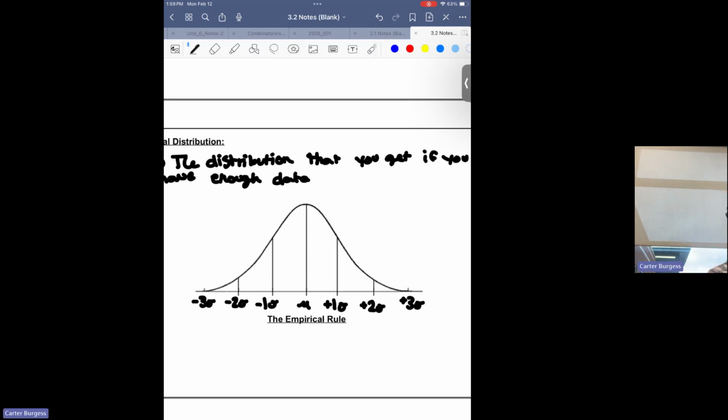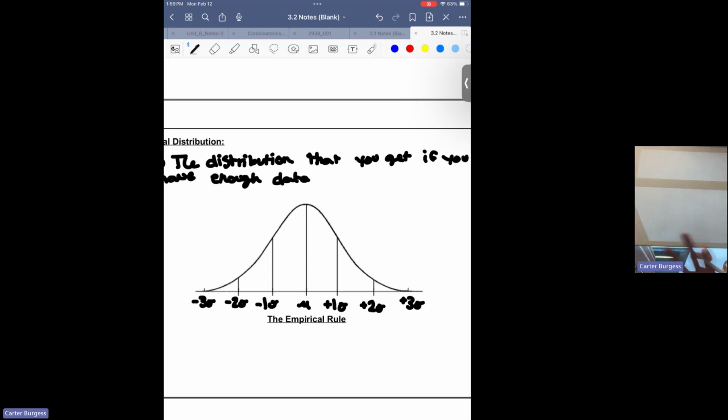Now we had a rule at the end of Friday, not really a rule, it was a theorem, that was used to give us an estimate of how much of our data we would see within a certain number of standard deviations.